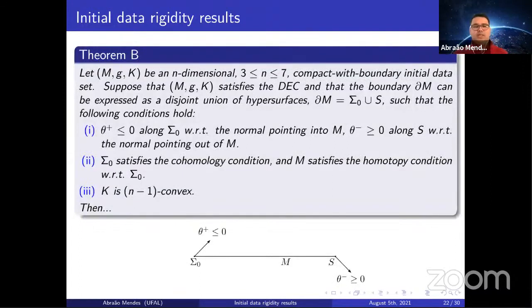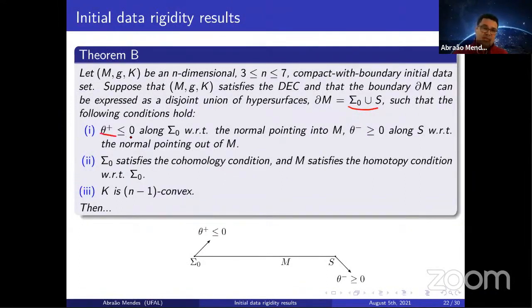Then we can prove the following result. So let M, g, K be an initial data set as before, okay? And suppose that it satisfies the dominant energy condition and the boundary of M can be expressed as a disjoint union as before, such that the following conditions hold.